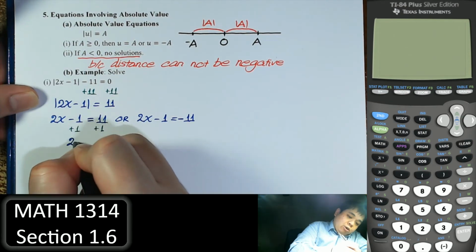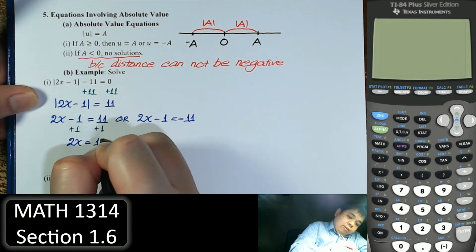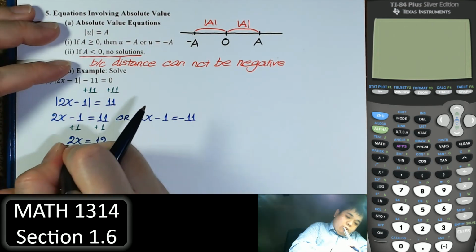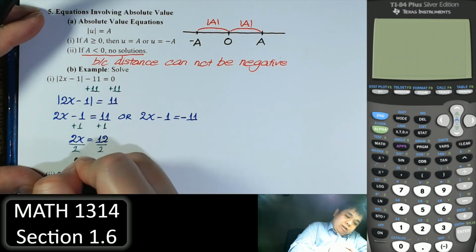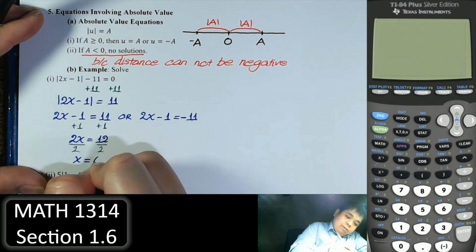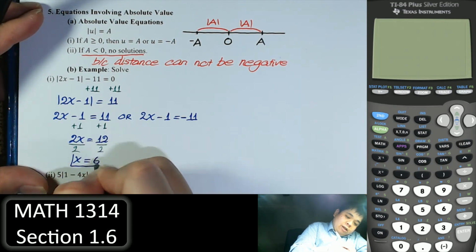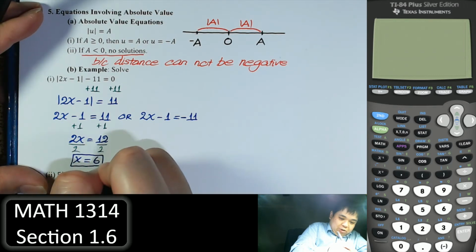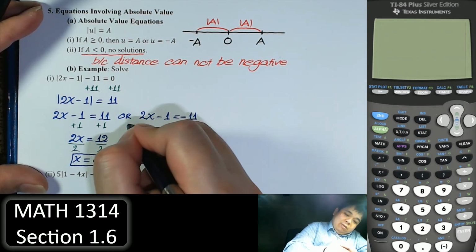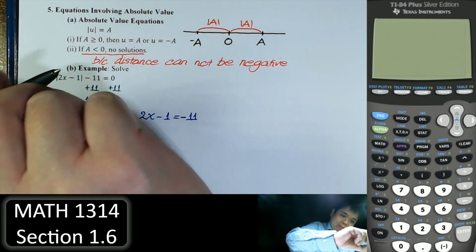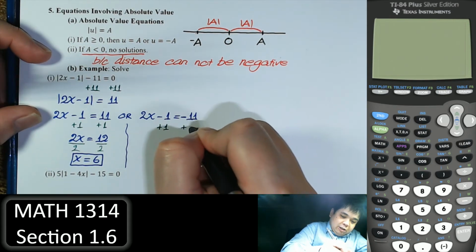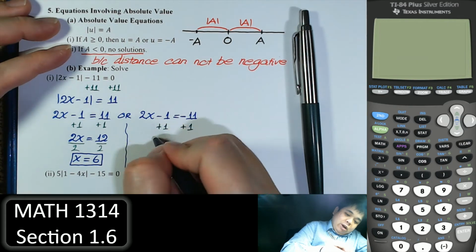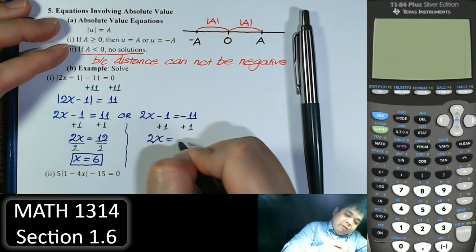So 2x equal to 12, and divide by 2 on both sides. I will have x equal to 6. This one we don't even need to check the answer. Same thing here, but this time add 1 on both sides. 2x equal to negative 10.